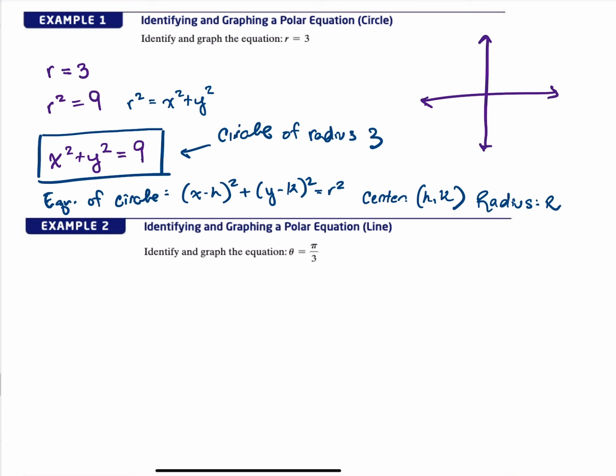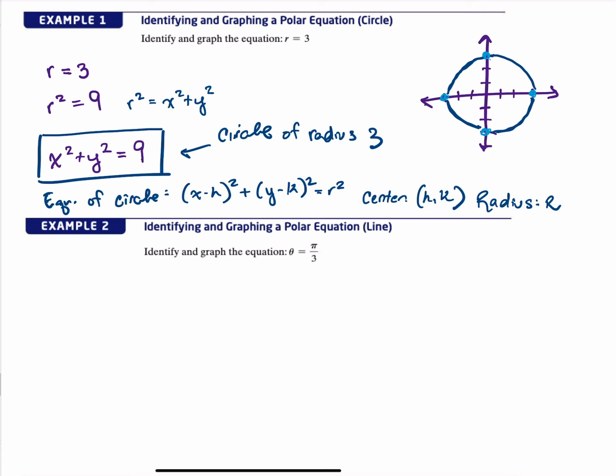So doing a rough sketch, 1, 2, 3, 1, 2, 3, 1, 2, 3, 1, 2, 3. Let's try to make a nice circle. Not great, but close enough.